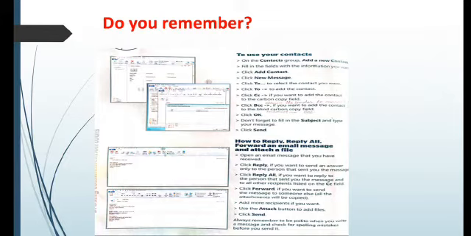Click reply. If you want to send the answer only to the person that sent you the message, click reply. Reply all: if you want to reply to the person that sent you the message and to all other recipients listed on the carbon copy field, click reply all.